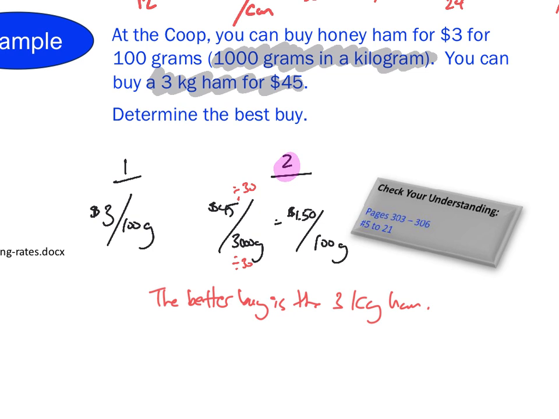If you only need 200 grams of ham, you'd still be able to buy the ham for $6 if you bought it in the 100 gram increments. But the other thing is if you don't have a freezer to put the extra ham in, it's going to make more sense just to buy the 100 grams of ham. Okay?